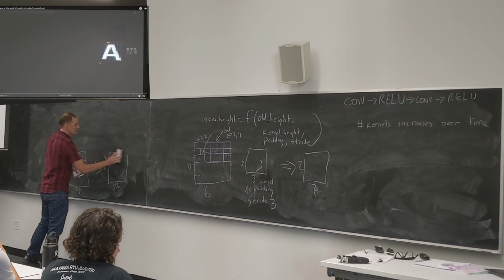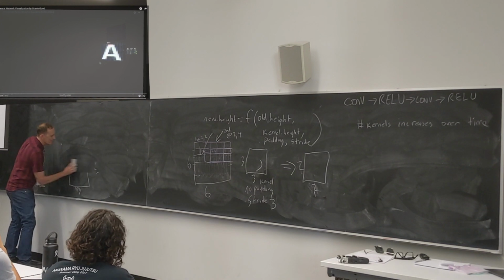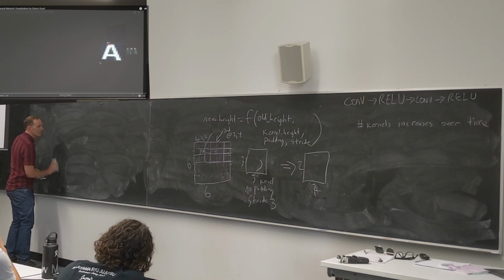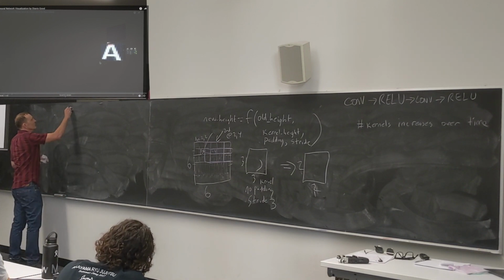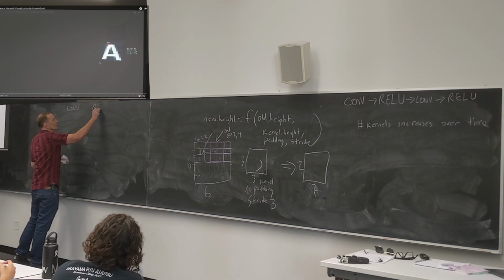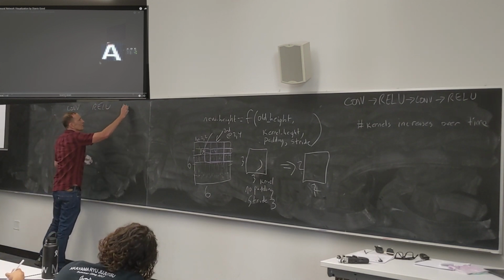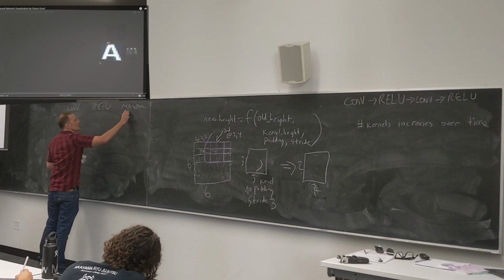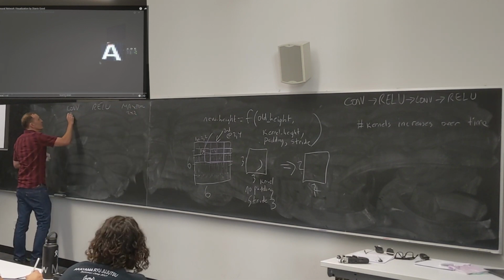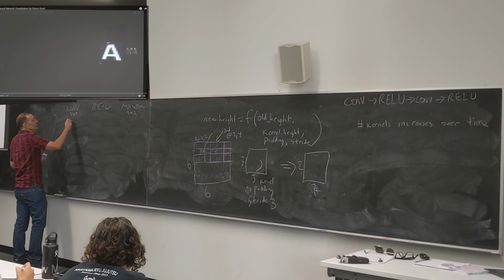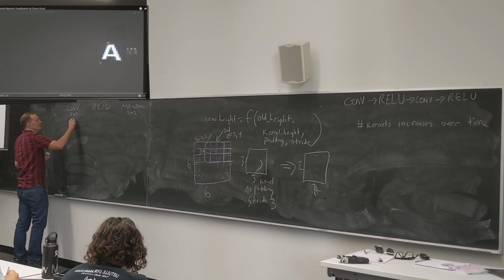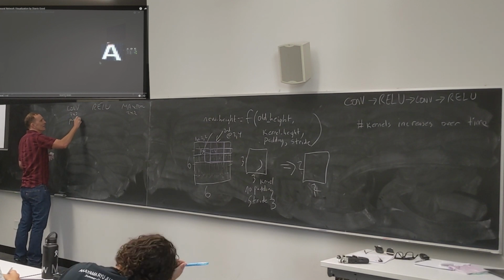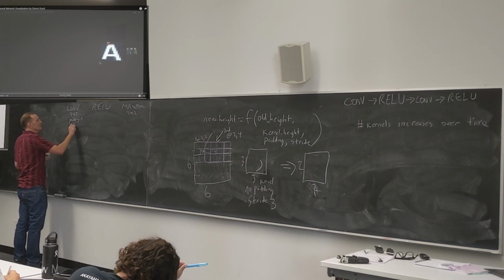So here's what we're going to do. We're going to have a convolution followed by a ReLU followed by a max pool. This is 2 by 2. This is a 3 by 3 with half padding, that is padding 1, stride 1.